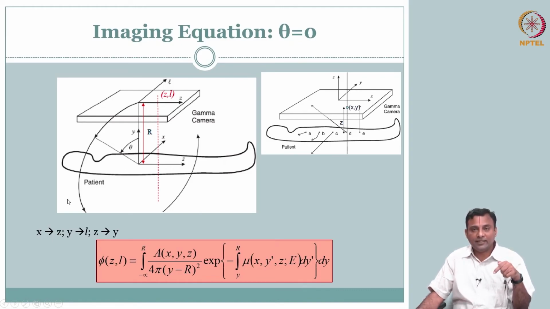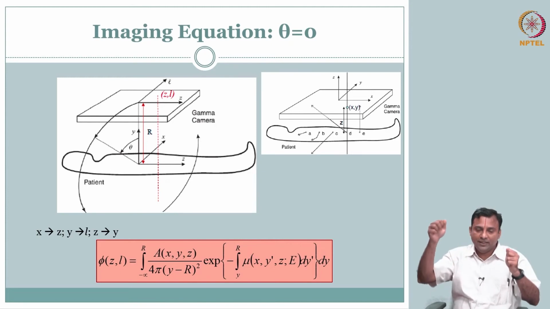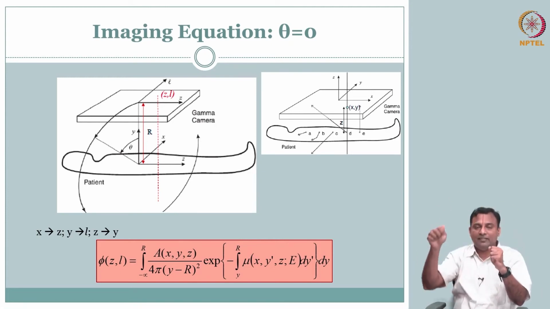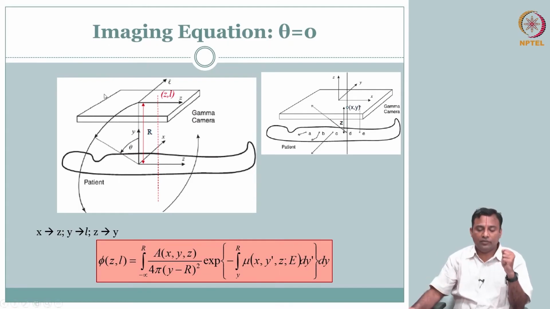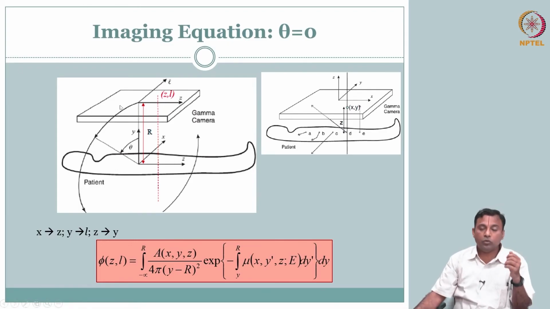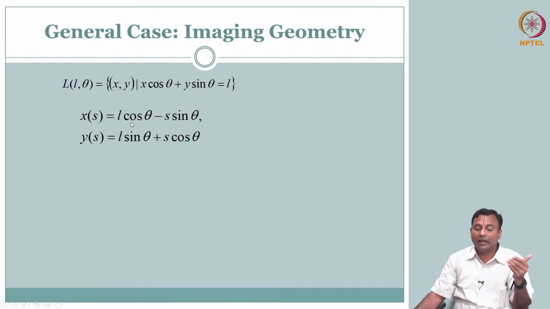That is a subtle but important difference here, because unlike CT where the source and detector moved around the patient, here the source is within the body and only the detector is moving. So your line integral, at 0, goes through your y direction, whereas if you move around, it may go through some other direction. So this is not right, and we would like to write it such that we account for that.